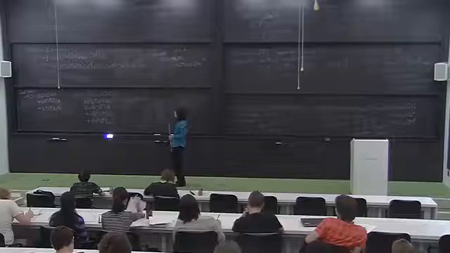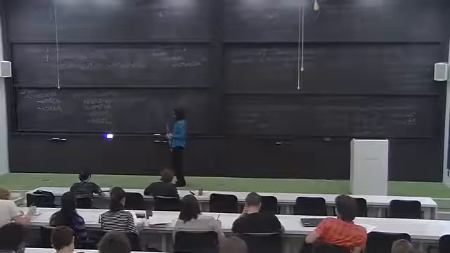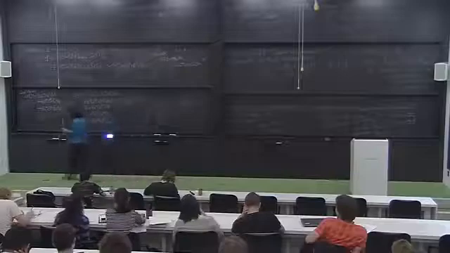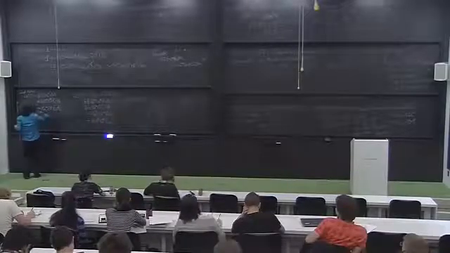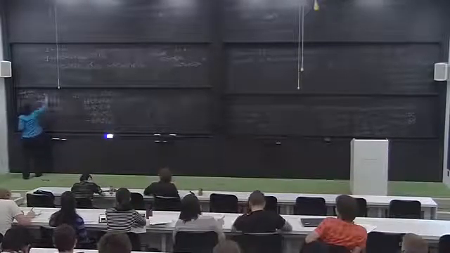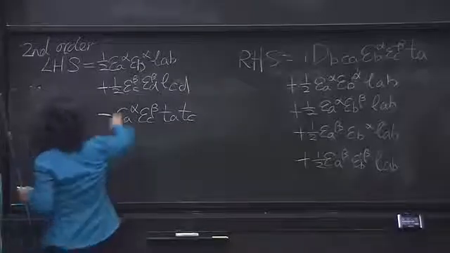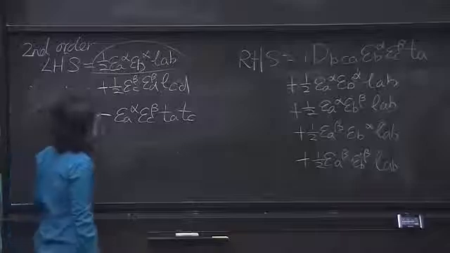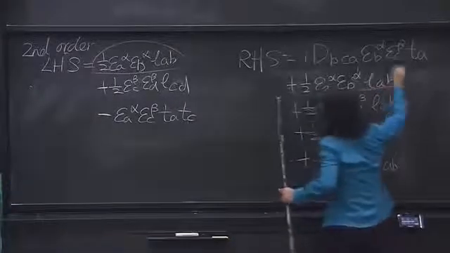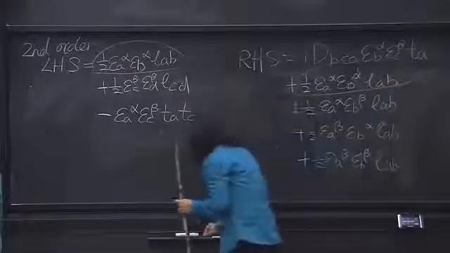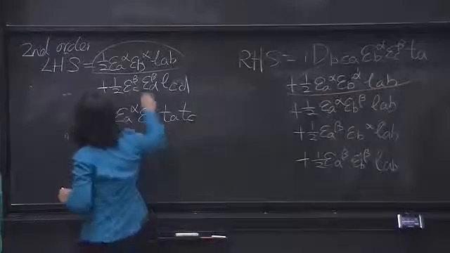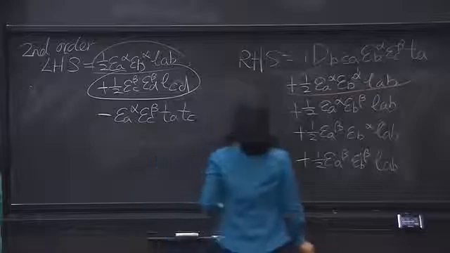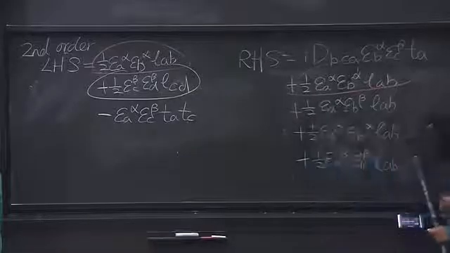Okay, let's make some insightful observations. Let's look at this guy. That's a B. Okay, let's look at this guy. This guy showed up again here. Cool, they canceled out. Then let's look at this guy. This guy showed up with 2 beta.